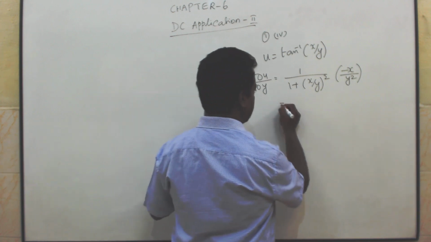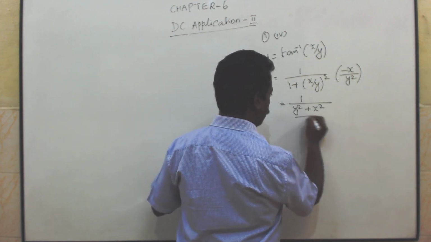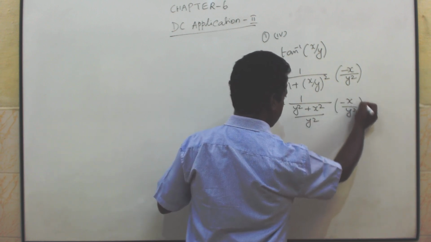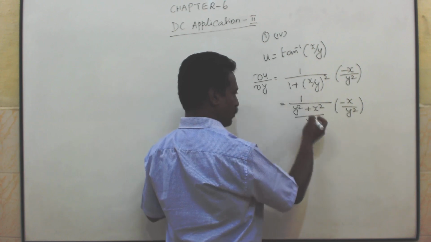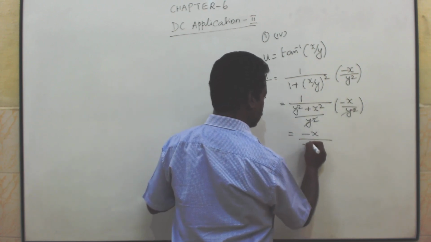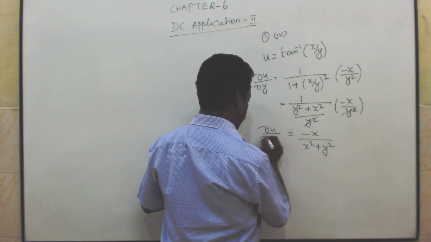Now taking LCM, y square plus x square by y square into minus x by y square. So when the y square cancels, we get minus x by x square plus y square. That is dou u by dou y.